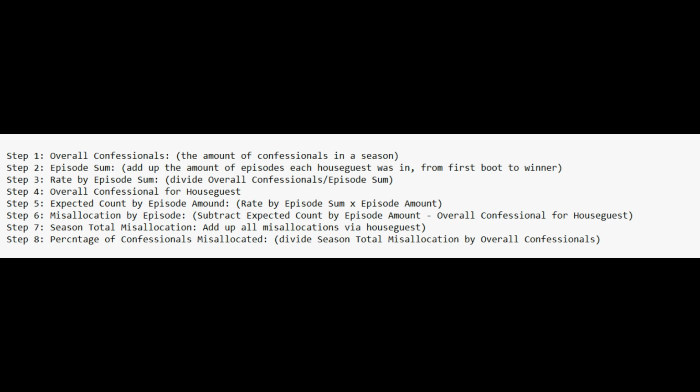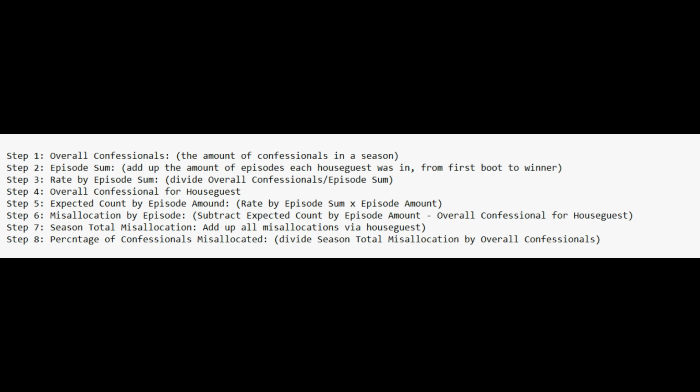The second part is where I look at each contestant for that season. For an example, Justin from Big Brother 2 has an overall amount of 12 confessionals or diary rooms. So, the overall will be the amount of diary rooms that a contestant actually has on the season. And then the next variable that I'm going to use is the expected count by episode amount.